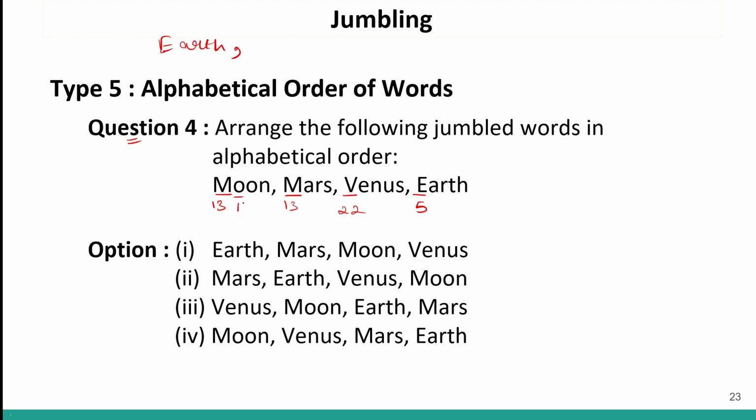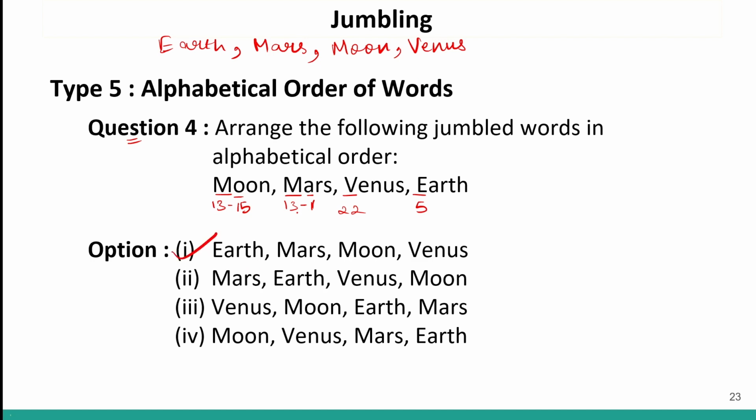So second letter is O, which is 15, and here we have A, which is 1. So obviously 13 1 will come before 13 15. So the next word will be Mars. Then we'll get moon, and then we'll get Venus. So our correct answer will be Earth, Mars, Moon, Venus, which is given in option number 1.